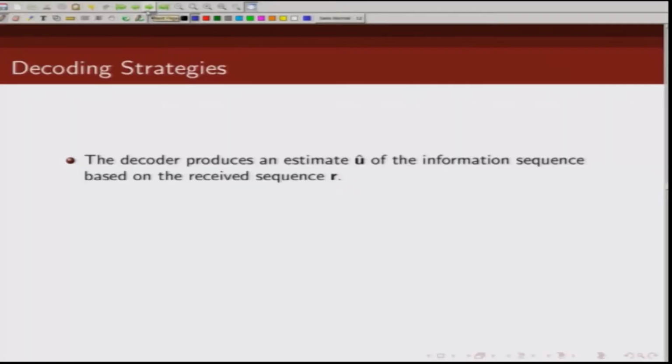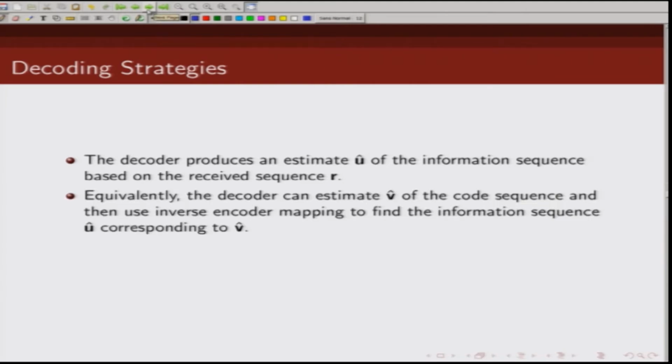So, the decoder produces an estimate of the information sequence based on the demodulated output, which is R.